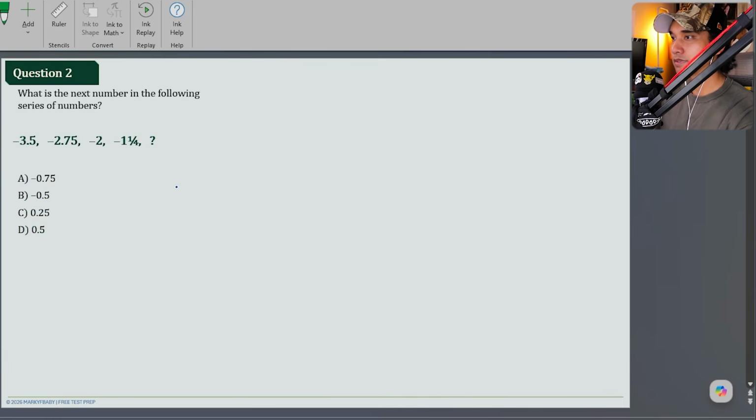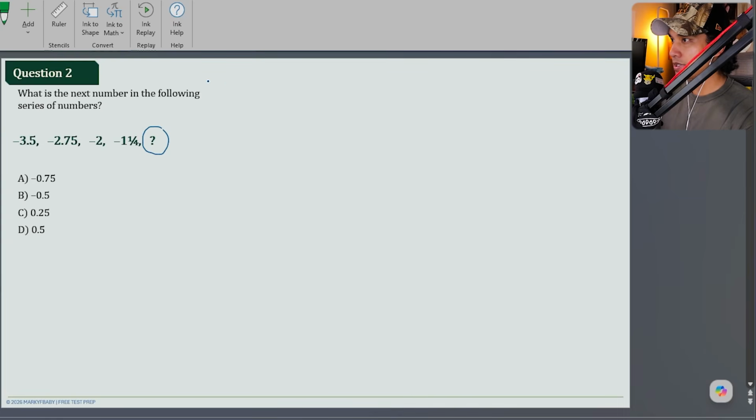Moving on. What is the next number in the following series of numbers? We have -3.5, -2.75, -2, -1 1/4, and then a question mark. We are trying to find the next number. So, what happens between -3.5 and -2.75?